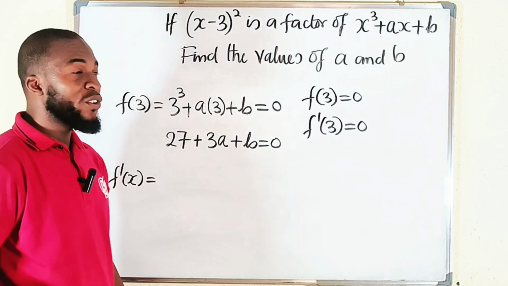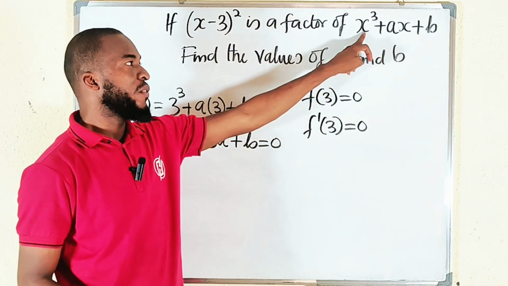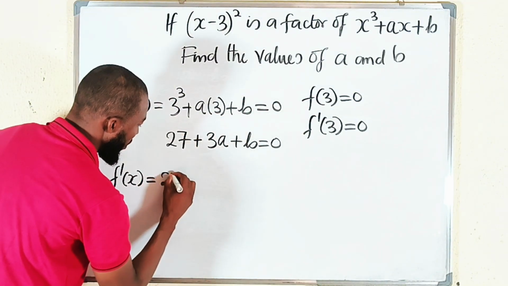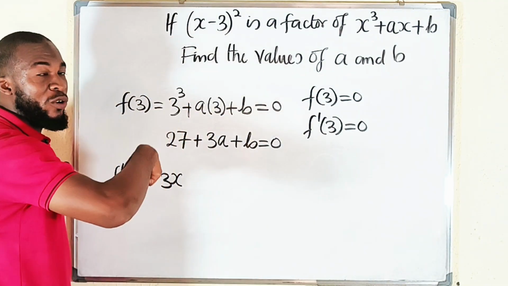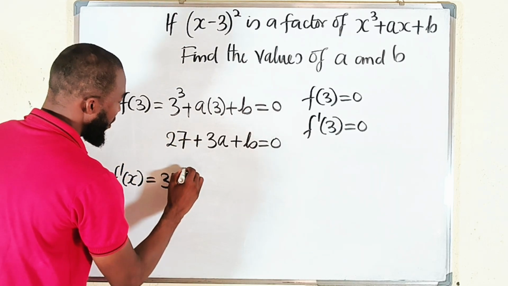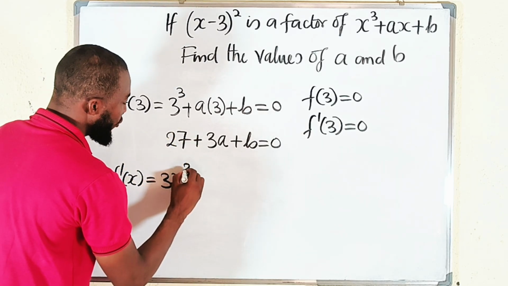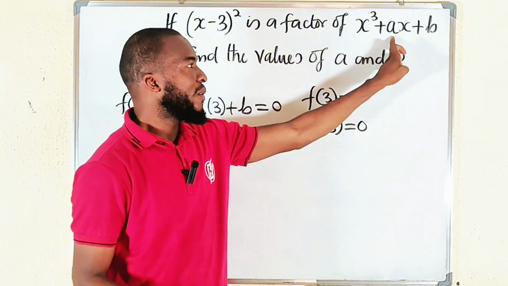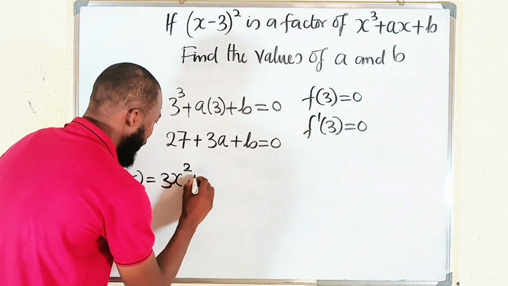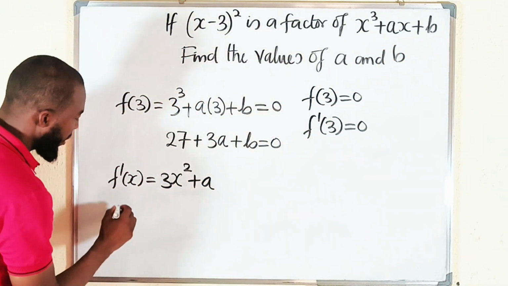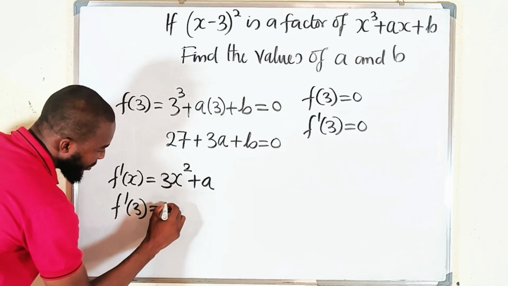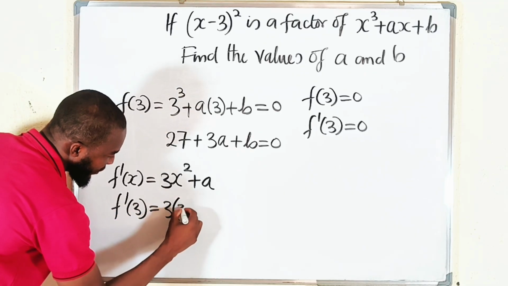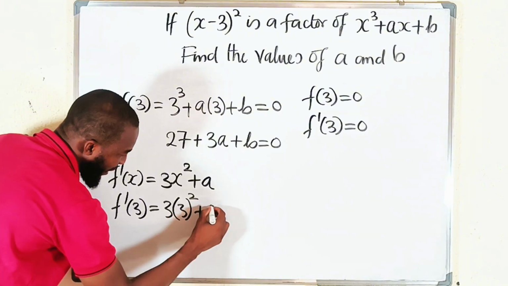It means we should differentiate the function. Differentiate this, you have 3x squared, because the power will drop down to multiply, and x to the power of 3 minus 1, which is 2. Then the derivative of ax is just a. Then f prime of 3, it means what? 3 multiplied by 3 squared plus a.